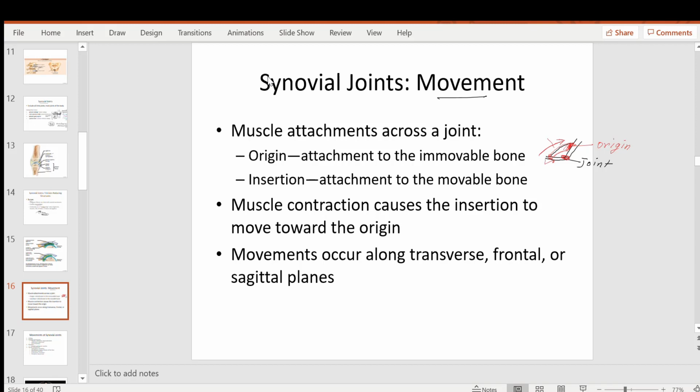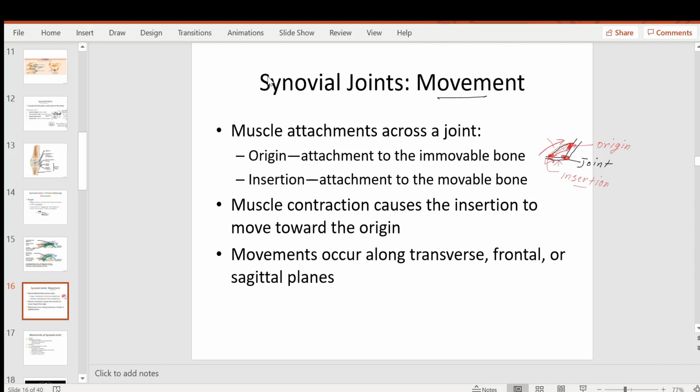So the origin of the muscle is attached to the fixed bone, which is not moving. Which bone is moving in this case? This one, right? So this end of the muscle is called the insertion.